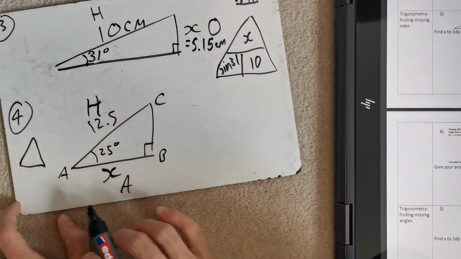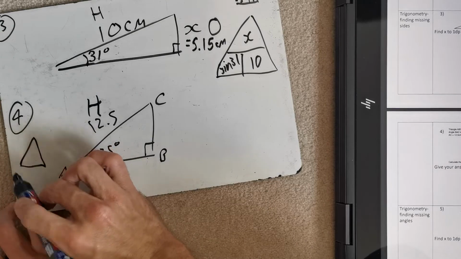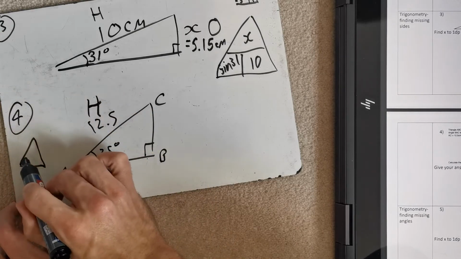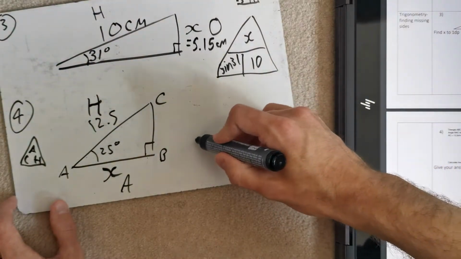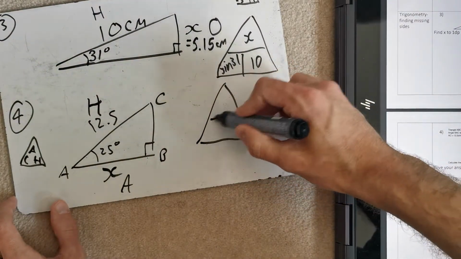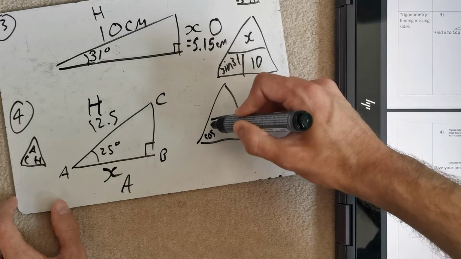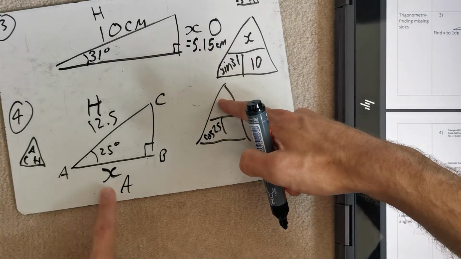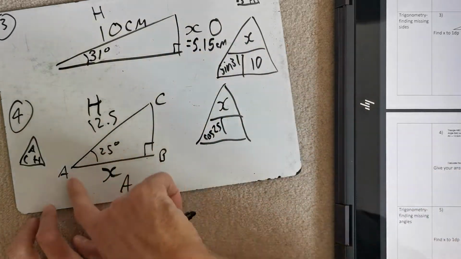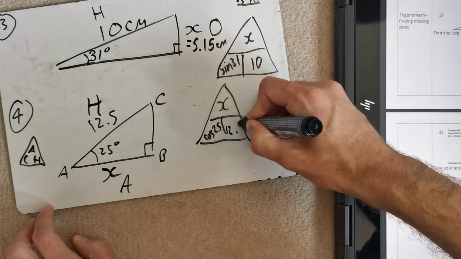So the trig ratio that we use that's got the A and the H is cosine. Okay, so do the triangle again. So we're going to get cos 25 there. What goes on top? That's the A, which is our X, and the H is 12.5.